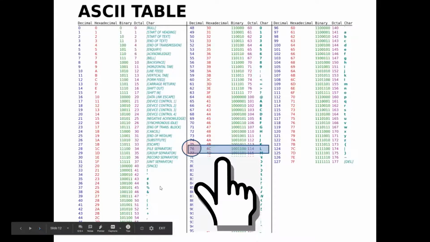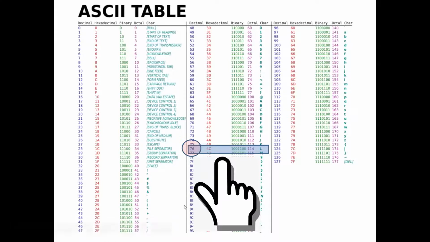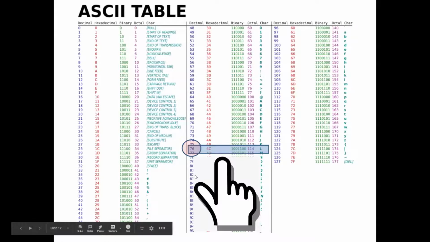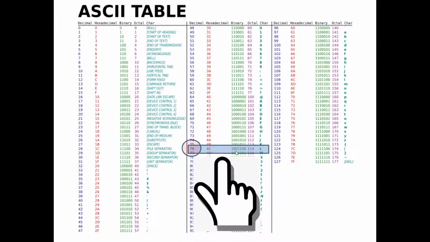If we look over here in the ASCII table at the value of 76, we can see that it represents not only the number but also the letter L.